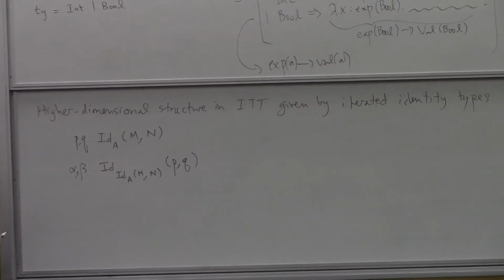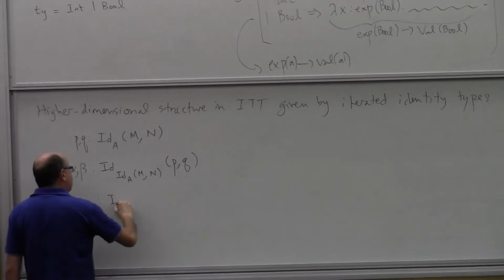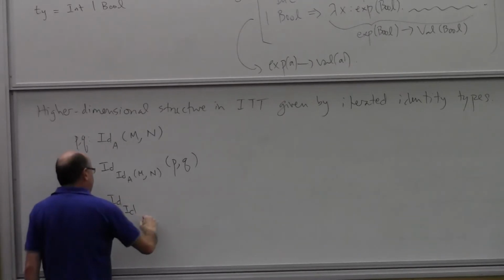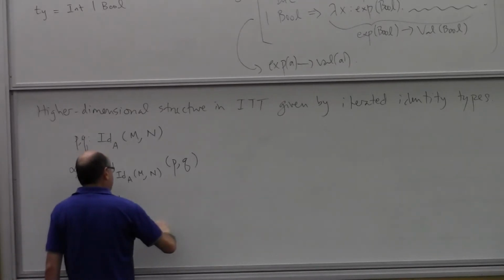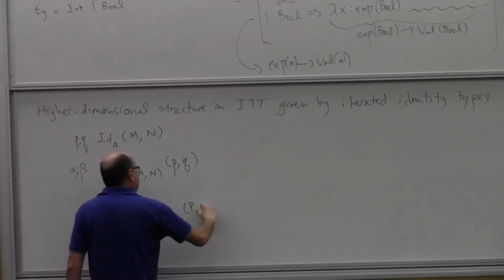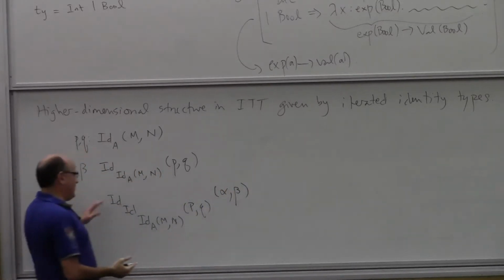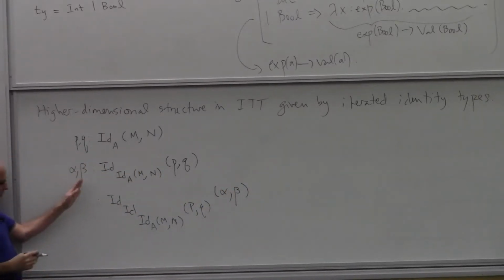Very shortly I start running out of creative new letters to write, but we're going to have some other kind of even higher identities. I know it gets a little crazy. So this will be between M and N, this will be between P and Q, and this will be between alpha and beta. Pretty soon it becomes rather hard to write it all down, but you can see the structure.